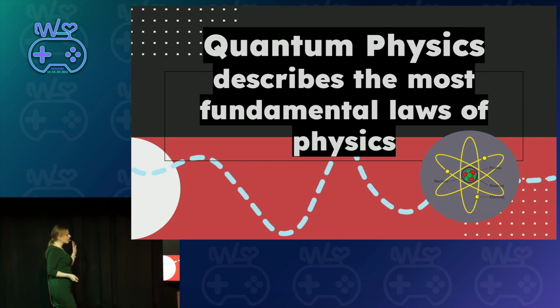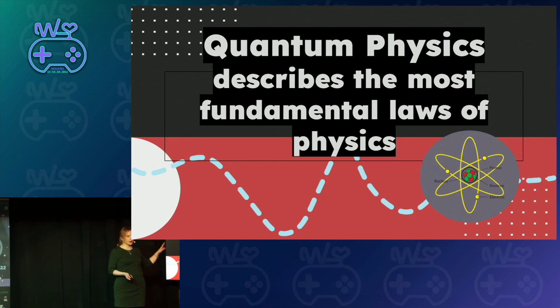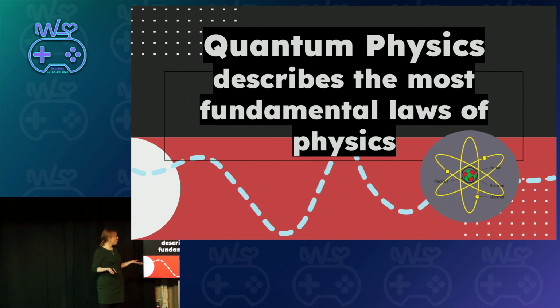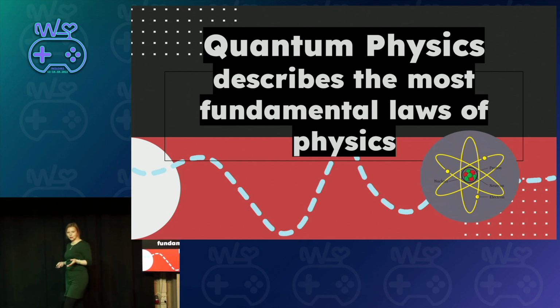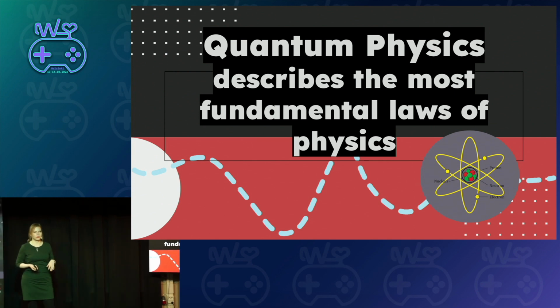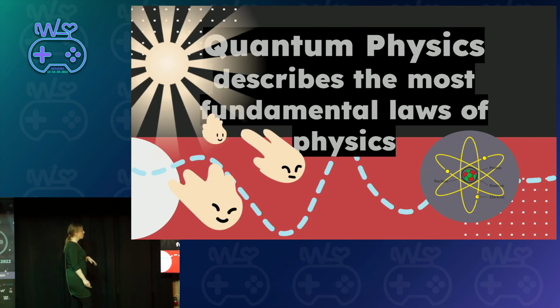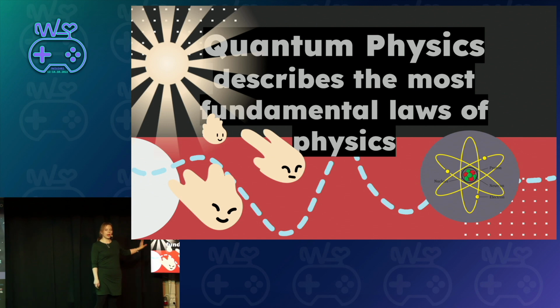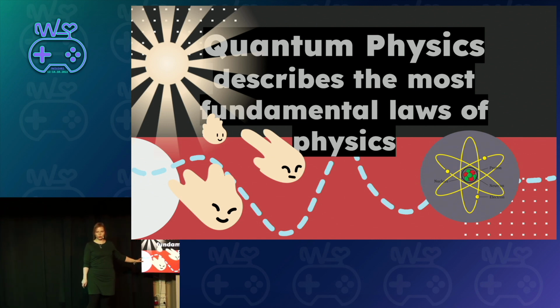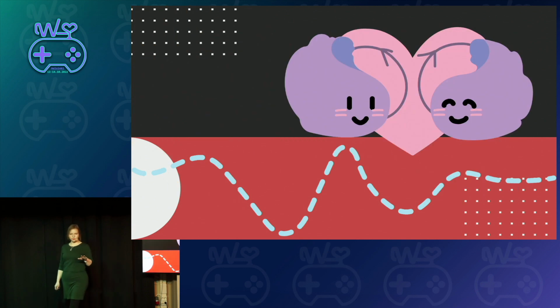So starting from the phenomena and how protons behave, small atoms, electrons. You might have seen pictures like this in school books or something like that. But also particles of light, which we call photons, or even things that are smaller than these. It describes the phenomena that we cannot witness in our everyday life.